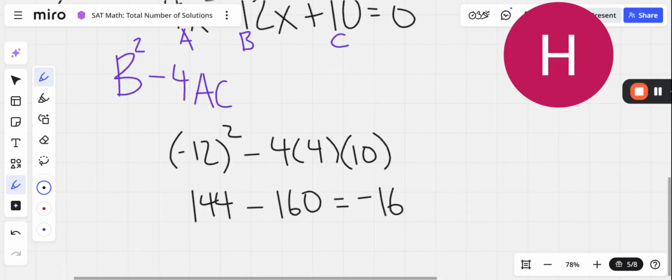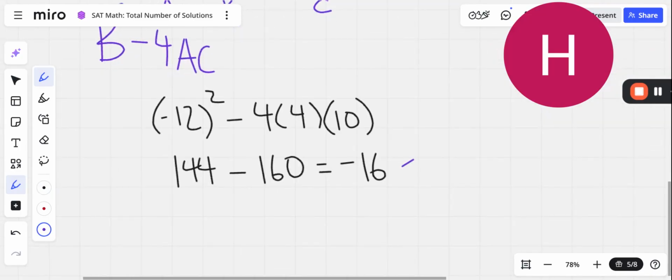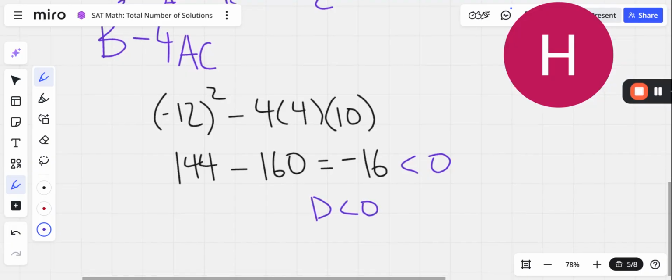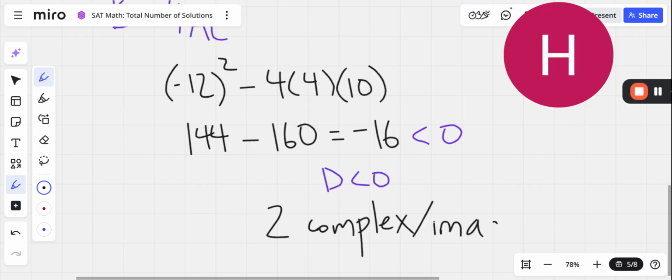Negative 23 versus negative 16 versus negative 1, these all tell us the same result. Because this is less than 0, if the discriminant is less than 0, then the quadratic equation responsible for that has two complex or imaginary solutions. It does not have real solutions.